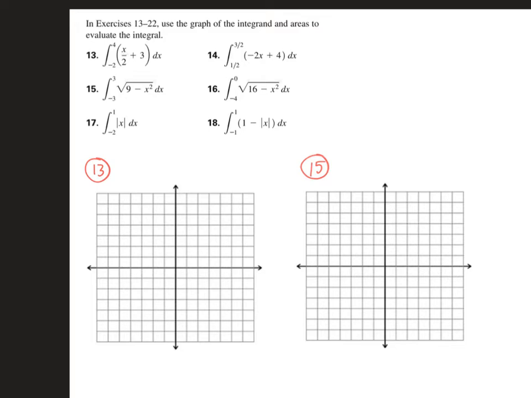Okay. All right, 13. So first graph it, and only graph it from -2 to 4. The way I do it, I'll plug in these endpoints into here to get the endpoints of the interval. So if you plug in 4 into the function, 4 over 2 is 2, plus 3 is 5. So 4 comma 5 will be a point.